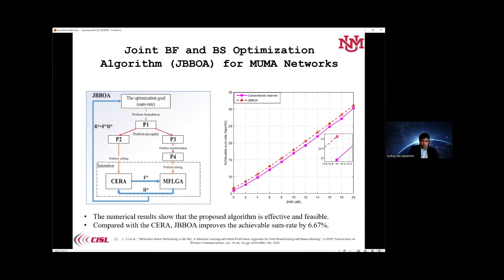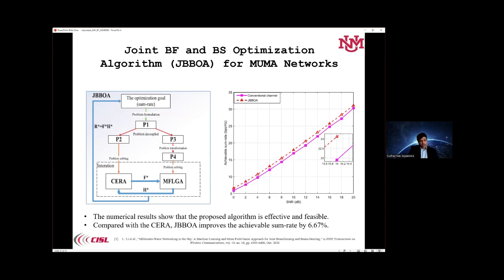Because the problem of beamforming and the beam steering was solved separately, to obtain the final solution, the authors proposed to use an iterative framework where you iterate between the two solutions.